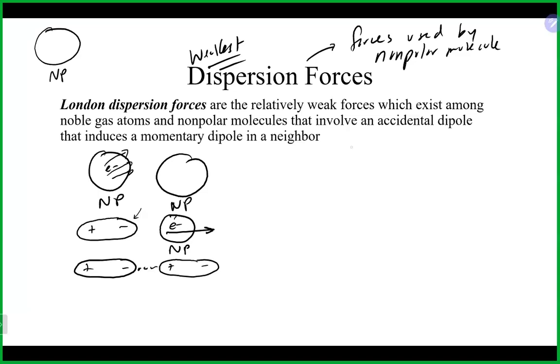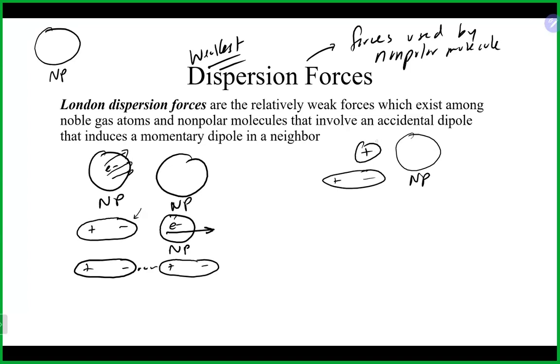This could also happen, by the way, if you roll up an ion on a nonpolar molecule. This will temporarily cause that same type of interaction to occur. You could also do it by rolling up a polar molecule on a nonpolar molecule.